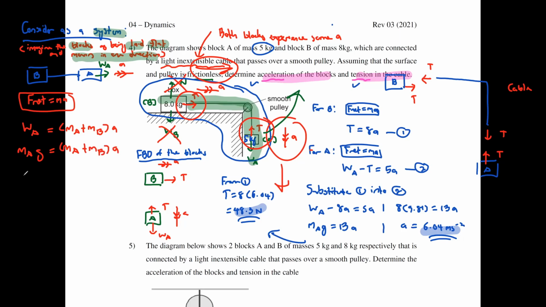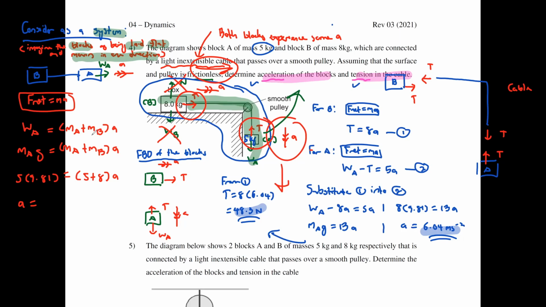So this one would be 5 times 9.81 equals 5 plus 8, times a. So a, you will see, is equal to 5 times 9.81 divided by 13.